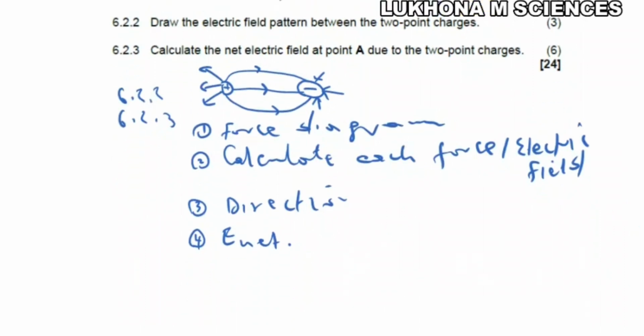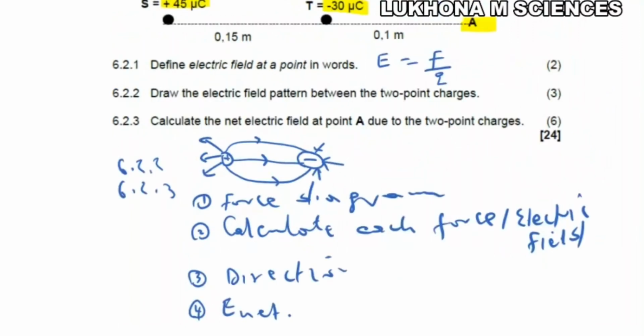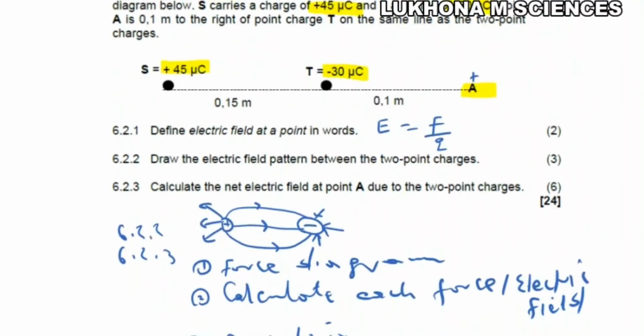Okay, let's start with step number 1. Step number 1 says draw the force diagram or the vector diagram. If you have a positive and a negative, there is a force of attraction.